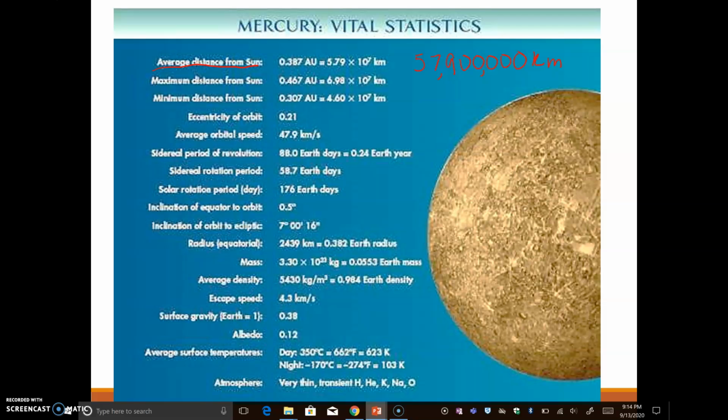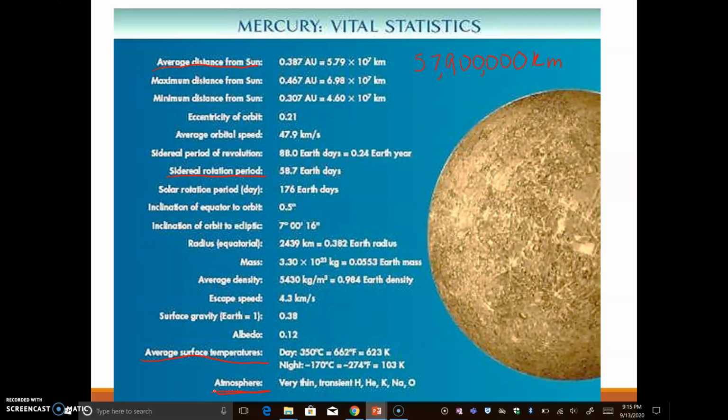Our orbital and rotational period over here. So our rotation here, how many Earth days for our orbital rotation. Another thing I want you to point out here is our temperature and atmosphere.